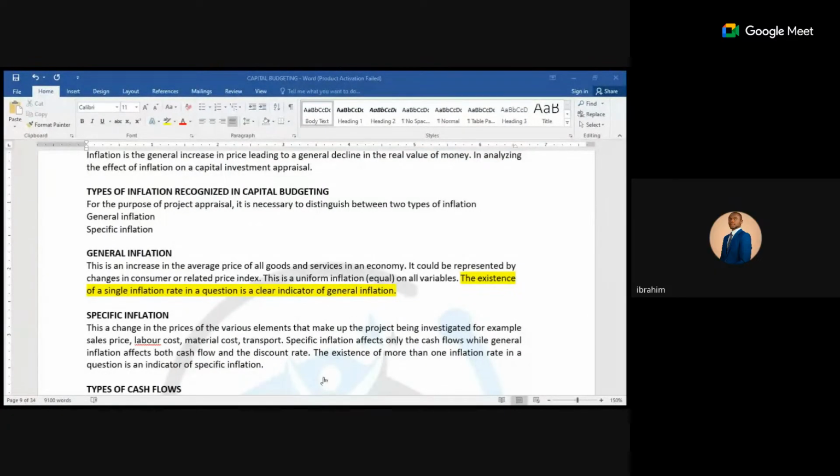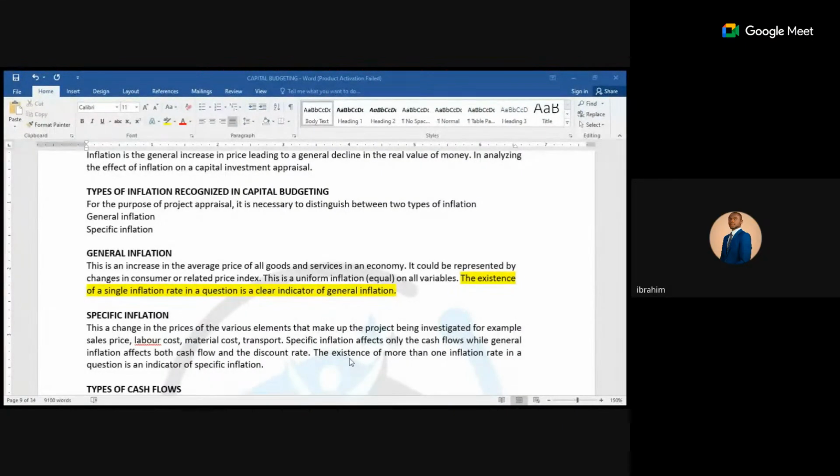When you are given a single inflation rate in a question, probably sales, variable cost, fixed cost, everything will increase by 5%. You are given a uniform inflation rate on all the variables. That is what we call general inflation.